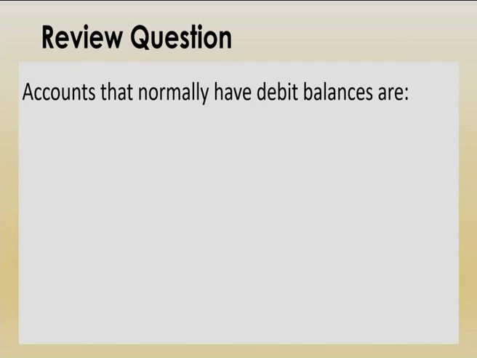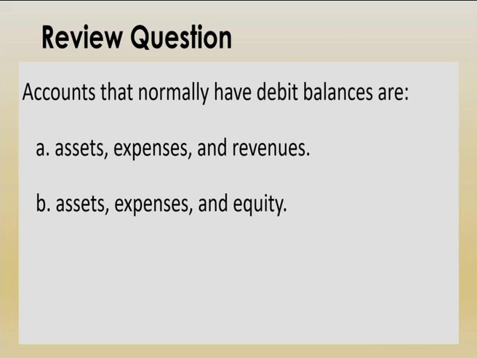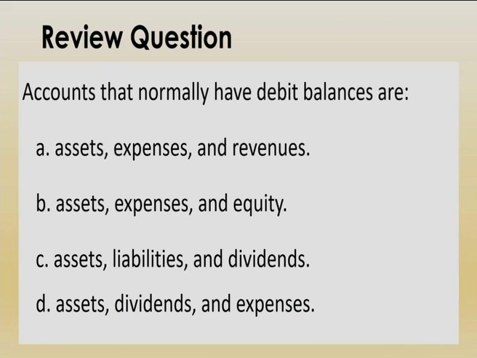Next question, question number 2. Accounts that normally have a debit balance are A. Assets, expenses and revenues. B. Assets, expenses and equity. C. Assets, liabilities and dividends. And finally D. Assets, dividends and expenses.